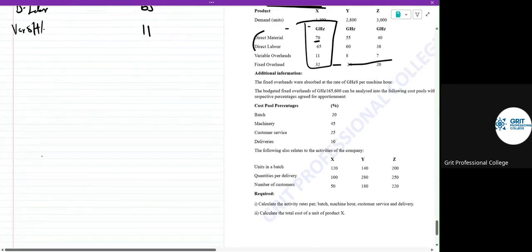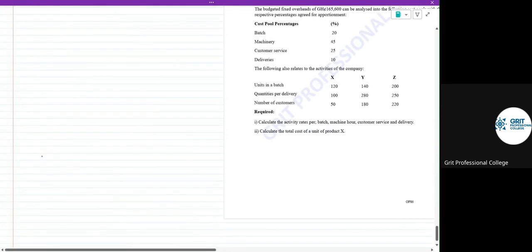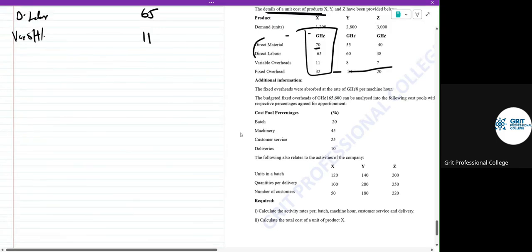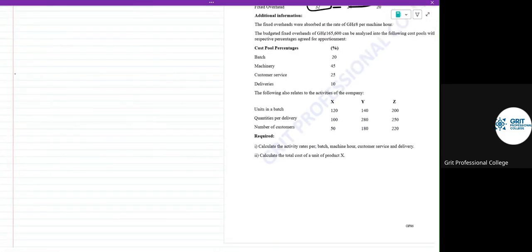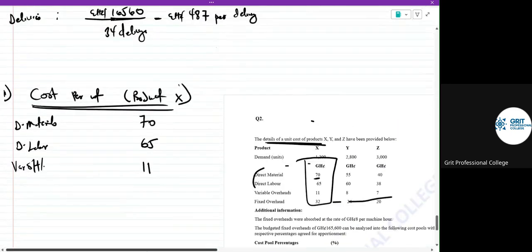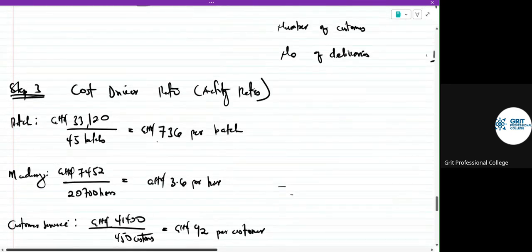However, when it comes to the fixed overheads, which is what we are going to look for, we first of all have to do the apportionment to the product, and then we allocate it to it. So we have to start with batch, and then we are going to use the CDR. Okay, so batch, the cost driver rate is 736.